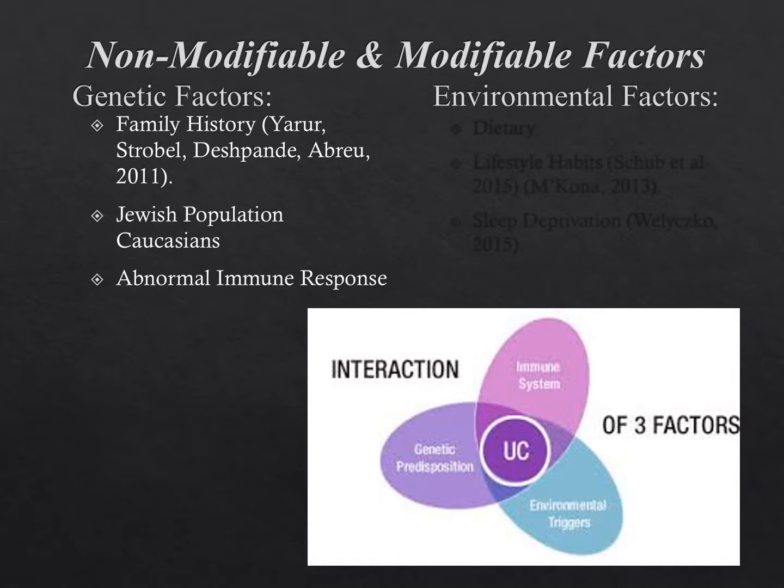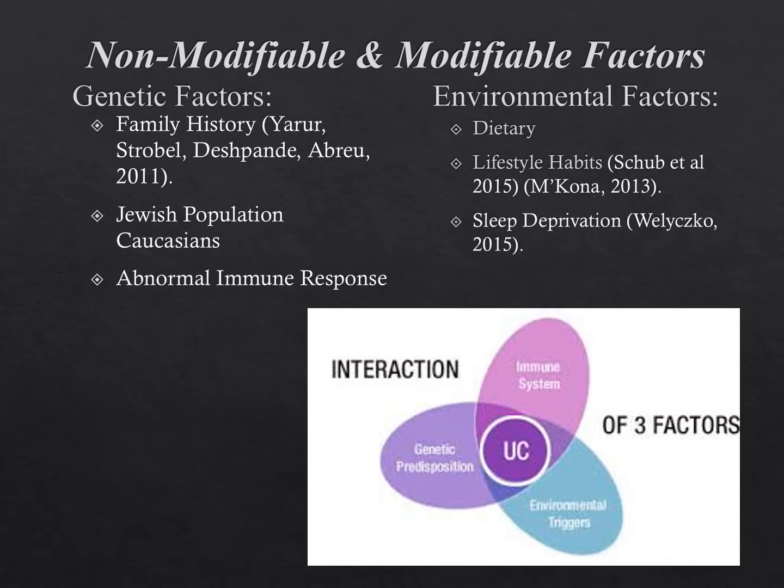The highest incidence is found in the Caucasian population, with individuals of Jewish descent 3 to 6 times more likely to develop the disease. In the past, it was considered a problem of industrial society, primarily due to westernized lifestyles associated with environmental factors.